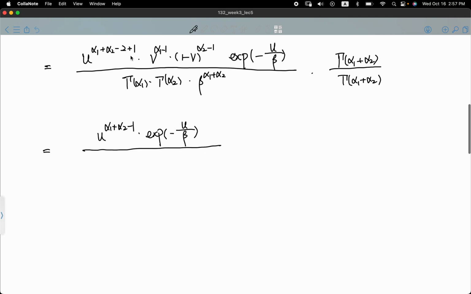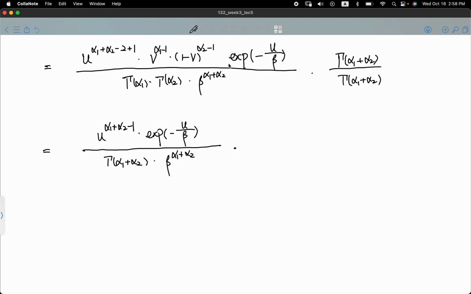And then I'm going to use this part: the gamma function of alpha 1 plus alpha 2, and then beta to the power of alpha 1 plus alpha 2 from here. Okay, so that's everything involving u. And then multiply. Just in case, I'll use a dot.